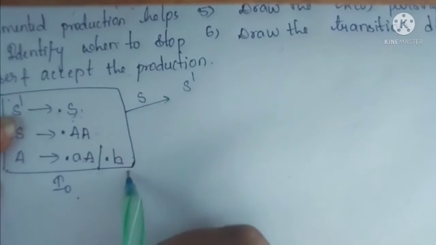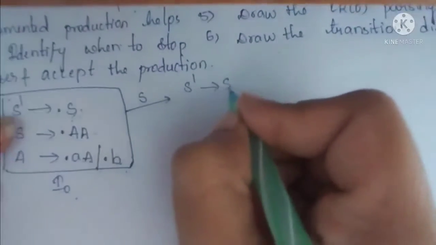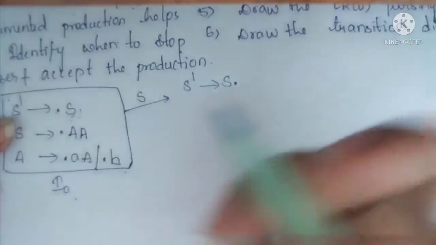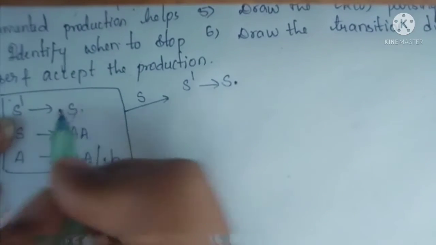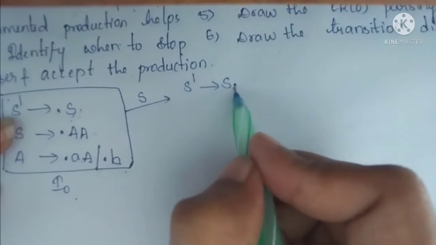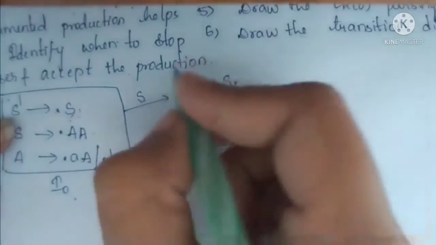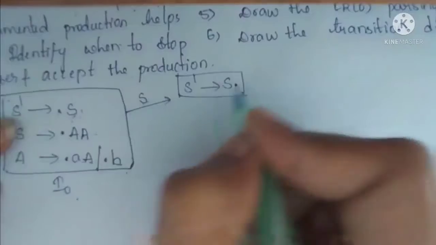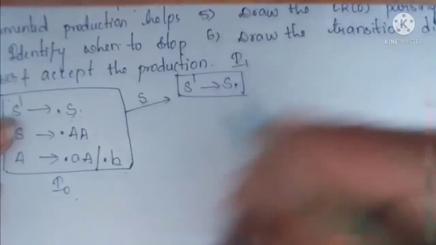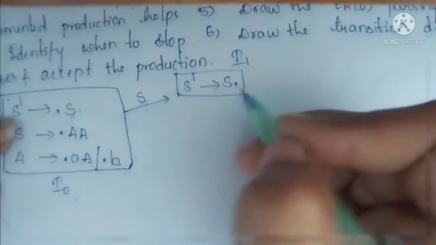Okay, so S dash tends to S dot here. Means this dot symbol we have shifted to the right by taking the non-terminal. So mark this state as another state, that is I1. We have already given I0, so give the state number as I1.